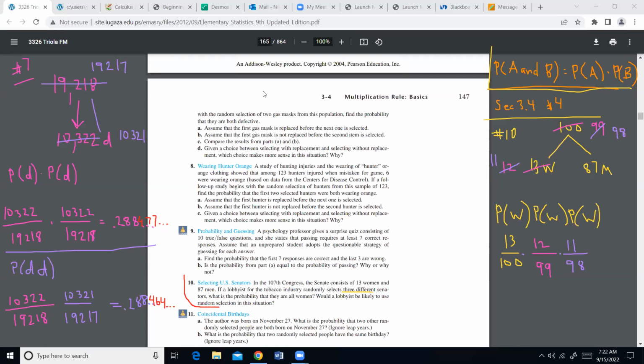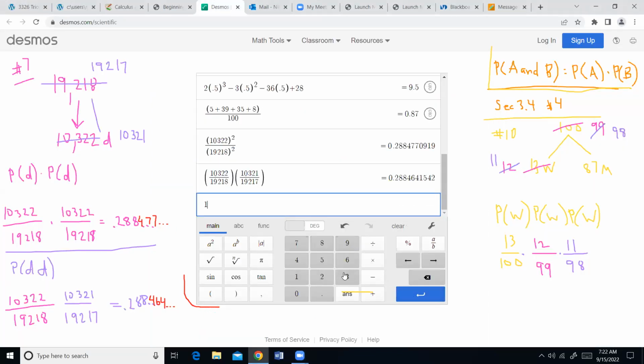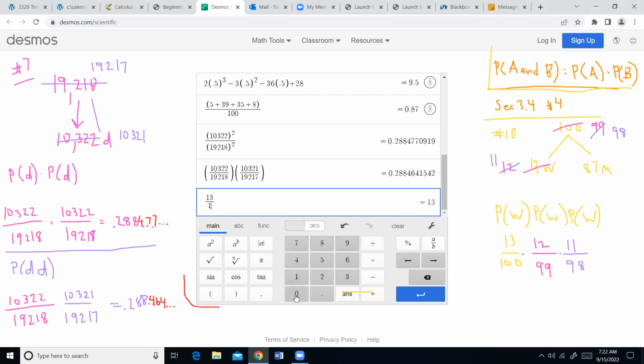So let me multiply them. 13 divided by 100, times another fraction, which is 12 over 99. And then finally times 11 over 98.